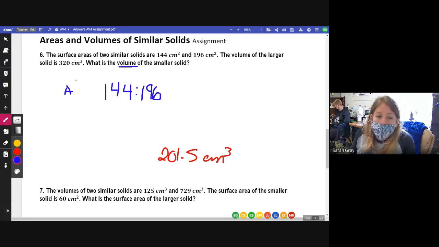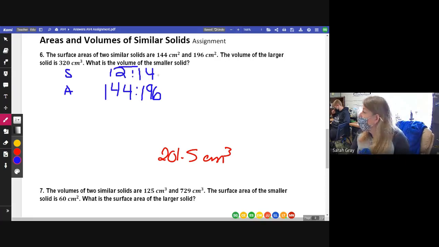So in order to get there, we have to go back up to ratio of sides. Area is squared, sides is not, so I'm going to square root and get 12 to 14 as my ratio of sides. And if you don't like multiplying big numbers, you simplify this to 6 to 7.